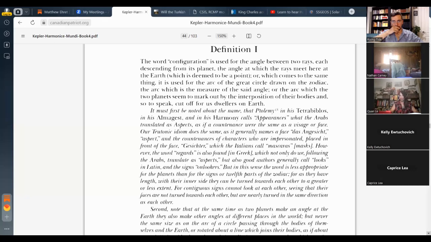For as they have length, with their inner side, they can be turned towards each other to a greater or less extent. For contiguous signs cannot look at each other, seeing that their faces are not turned towards each other, but are nearly turned in the same direction as each other.